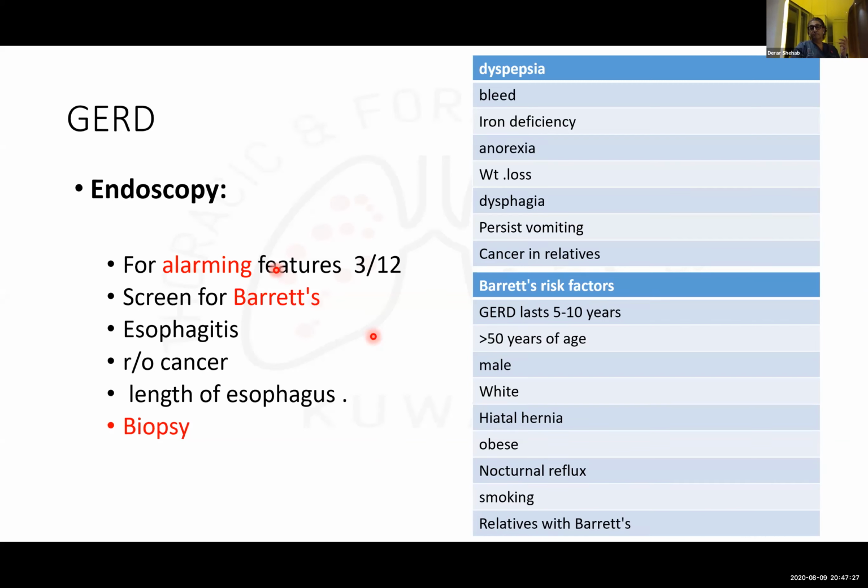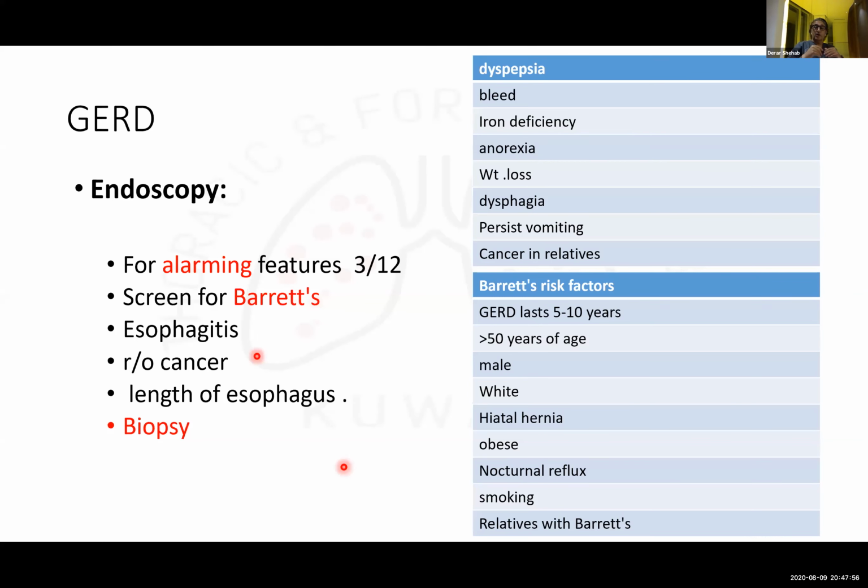For example, elderly, male, white, smoking, obese patients, or first-degree relatives with Barrett's. Those patients should be screened for Barrett's with endoscopy. Or if you suspect that this patient may have a complication of GERD, like esophagitis, or you want to rule out cancer. Never do endoscopy in this situation without biopsy.